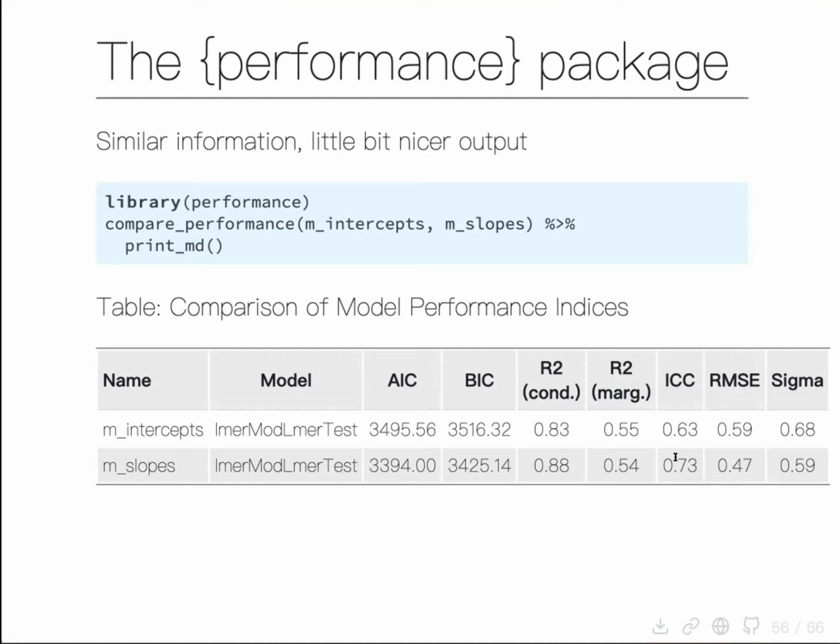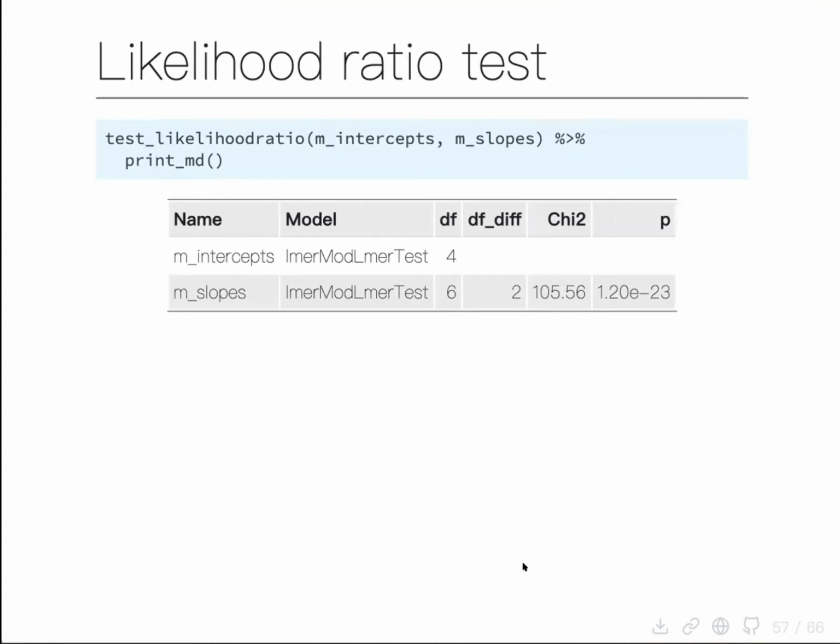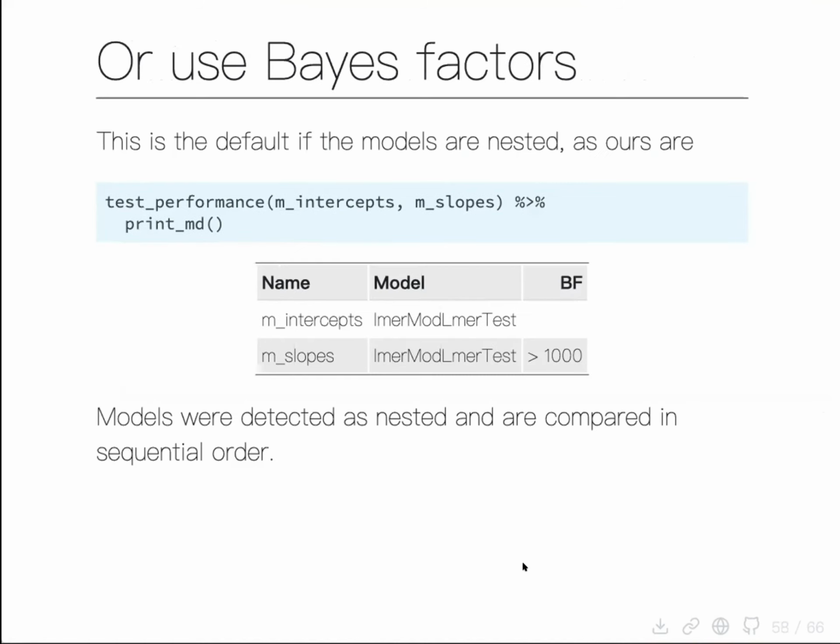You have these conditional ICCs, which I wouldn't worry about too much either. But then you have the AIC and the BIC. You also have RMSE, which is kind of nice, and then just the sigma value, so you can compare those that way. And then you can do the likelihood ratio test like this. And then the last one from the performance package is using Bayes factors, where you would say test performance.